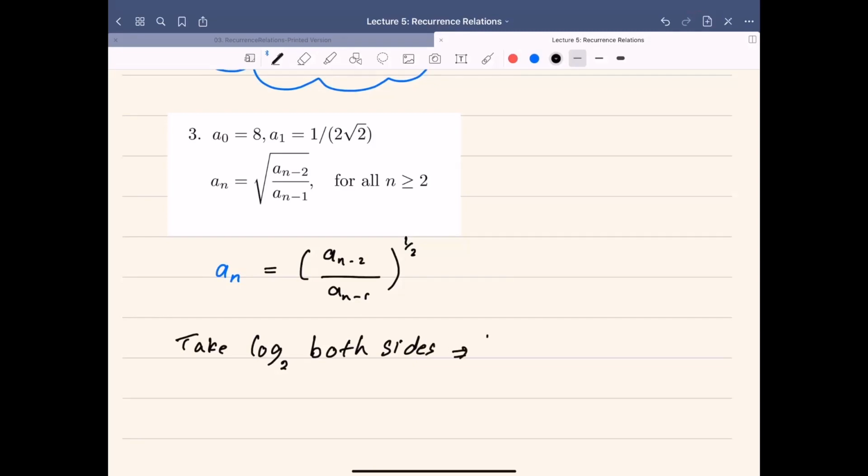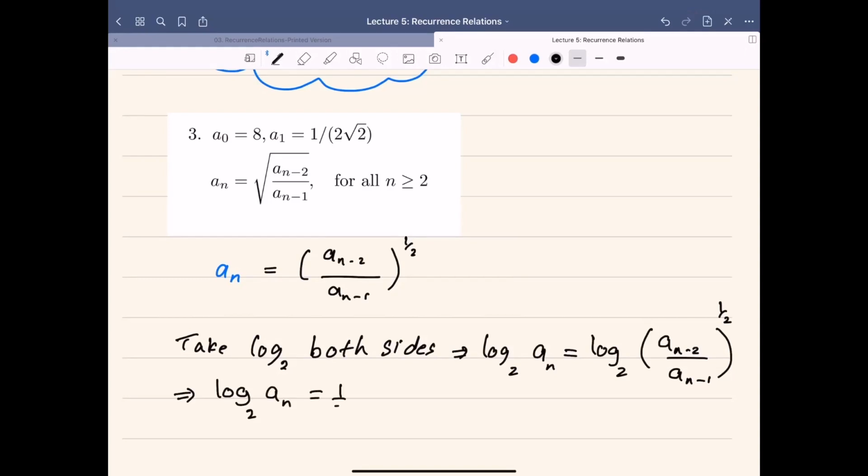So we will end up with log 2 of a_n is equal to log 2 of (a_{n-2}/a_{n-1}) raised to power 1/2. This will lead us to the next simplified equation. Log 2 a_n is equal to 1/2 log 2 of a_{n-2} minus log 2 of a_{n-1}.